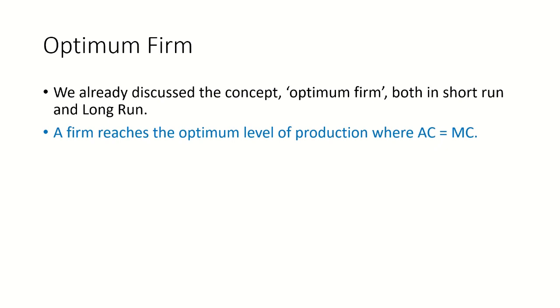What are the general conditions for finding the optimum firm? A firm reaches the optimum level of production where the average cost curve is equal to MC. In the last figure, at point Q, LAC was equal to LMC. So the first general condition is that for a firm to reach the optimal level of production, AC should be equal to MC.